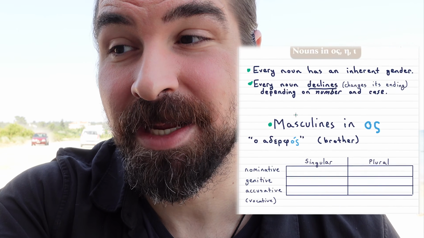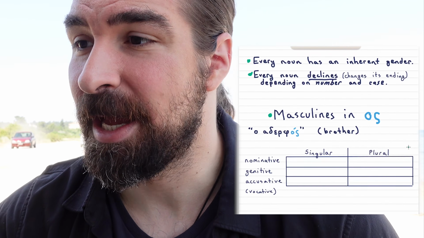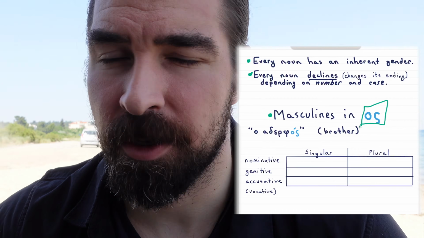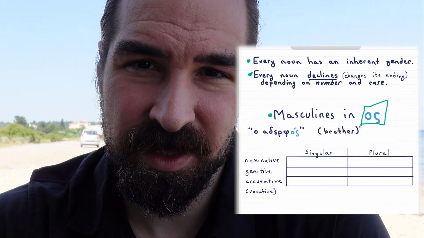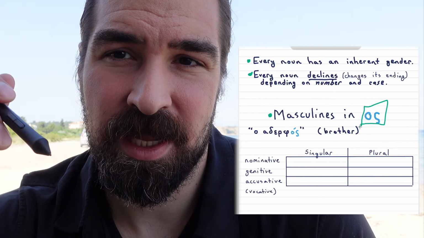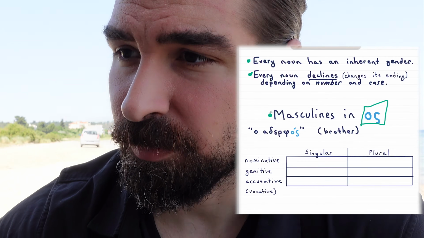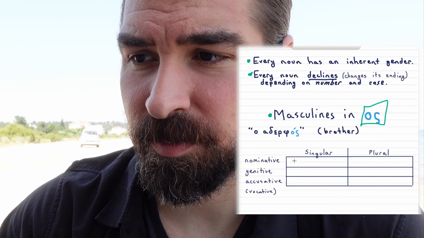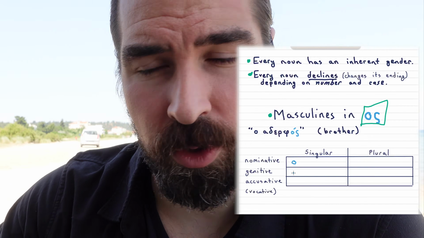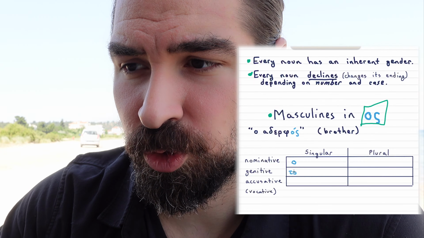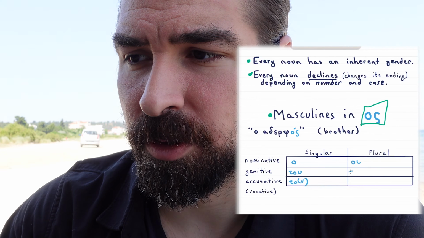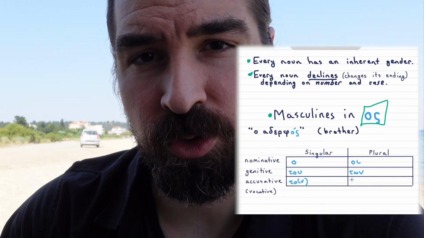Let's look at a very common masculine ending, which is os. There are many, many Greek words that end in omicron sigma and are masculine. When we get one of those words, well, let's fill in our articles here first. O, nominative singular, tou, and ton, plural, oi, ton, and tous.